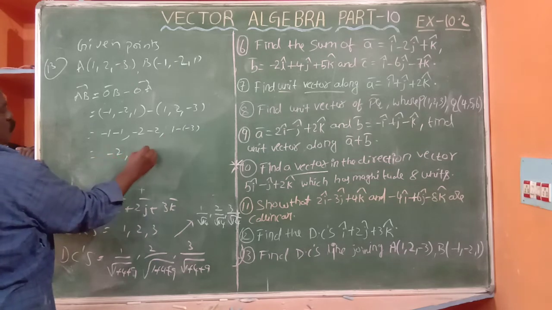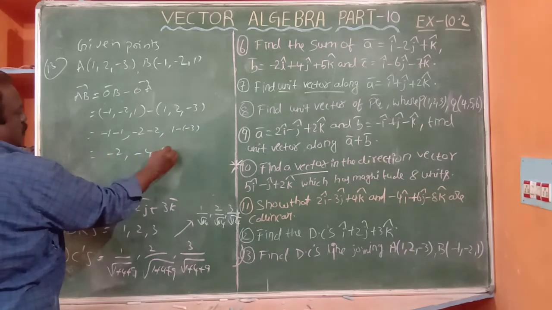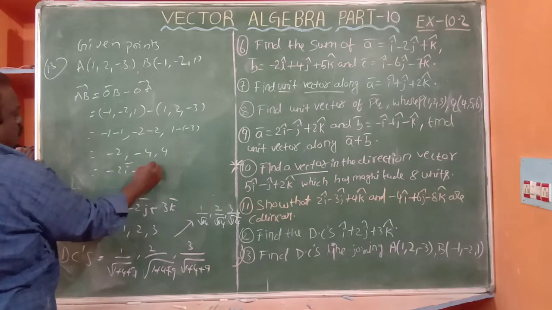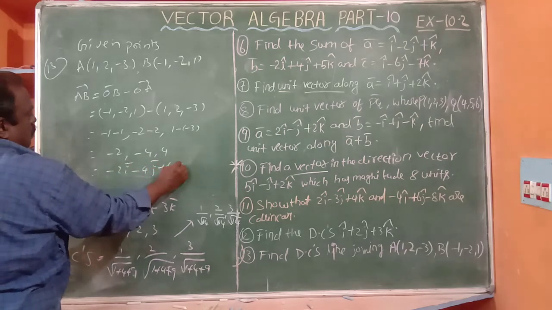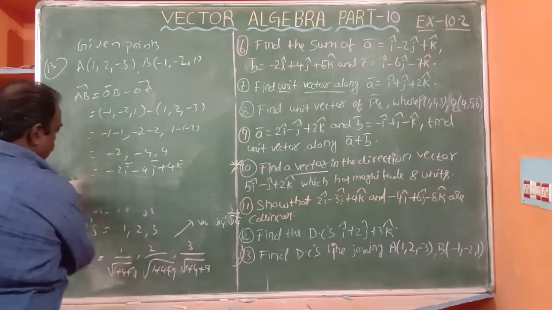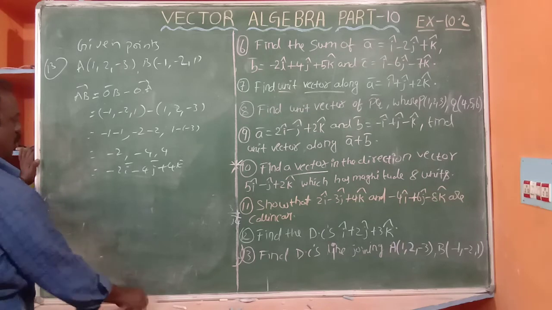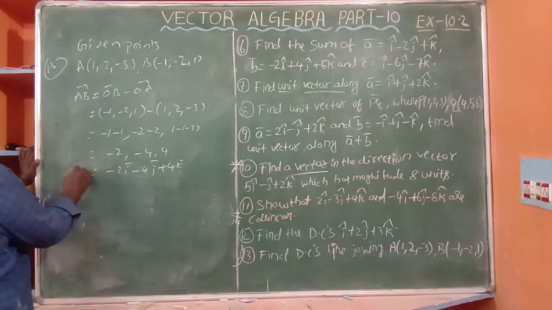It is minus 1 minus 1 is minus 2, minus 2 minus 2 is minus 4, 1 plus 3 is 4. So it is minus 2i minus 4j plus 4k. Now this is AB bar.